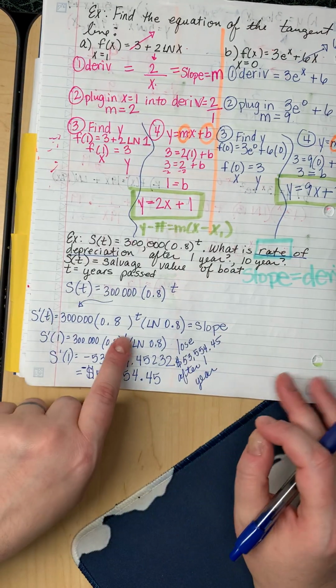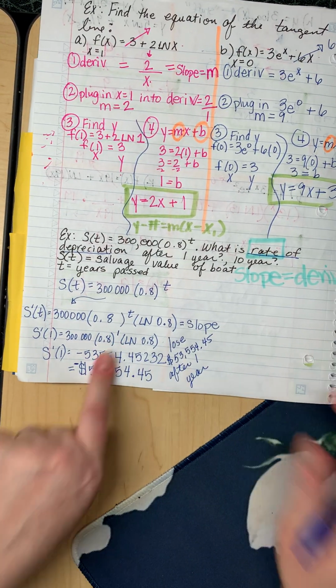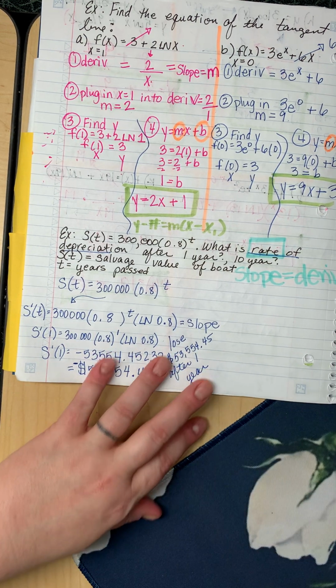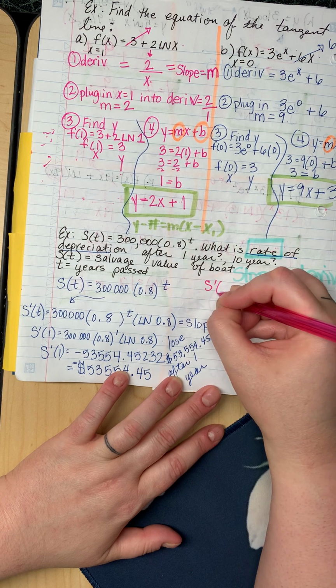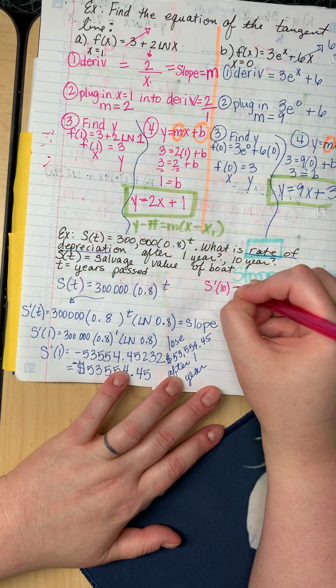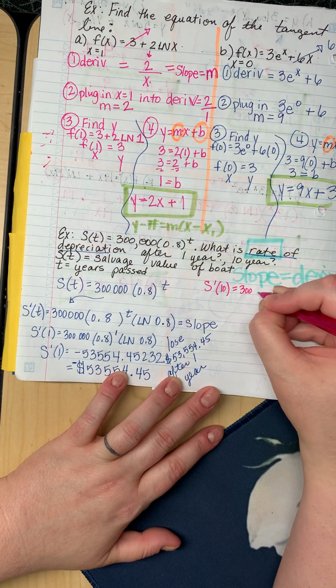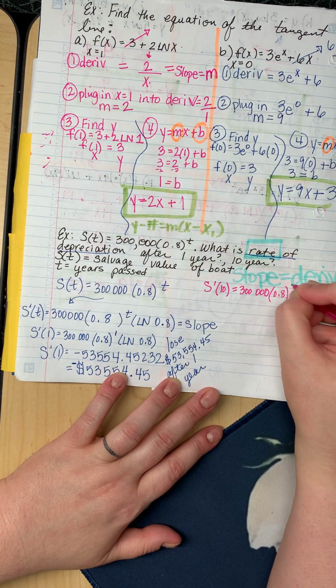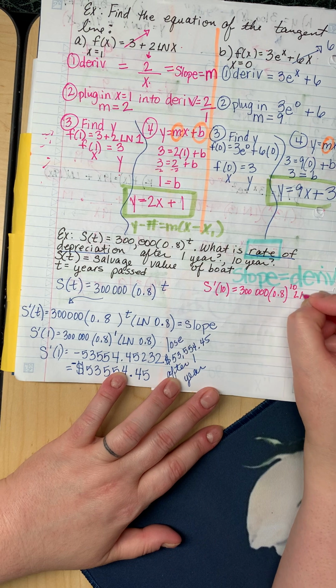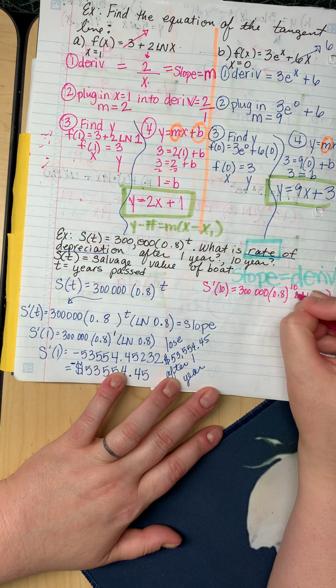Okay, now let's find after 10 years. Well, we're going to plug in a 10 into the air instead of a 1 in the air. So let's do it. We're going to have S prime of 10 equals $300,000 times 0.8 to the 10, and then ln 0.8.